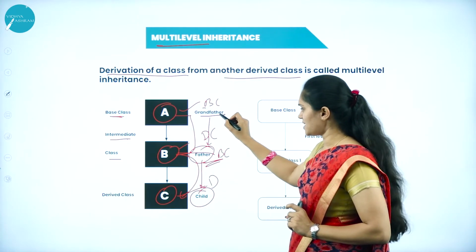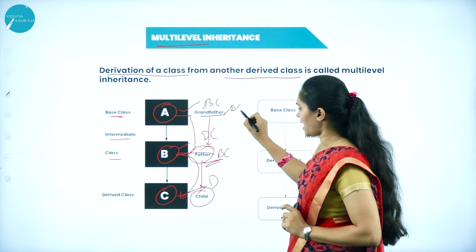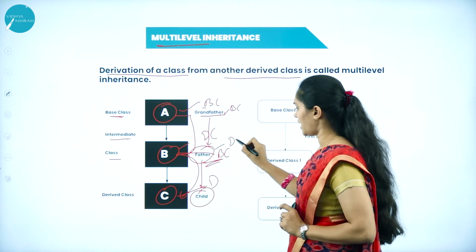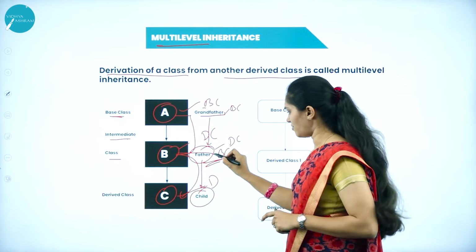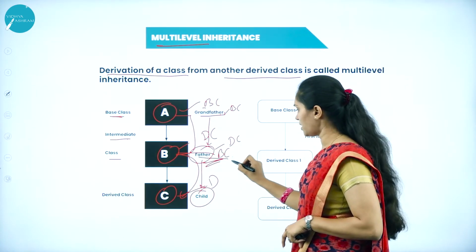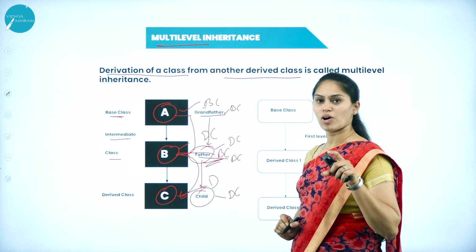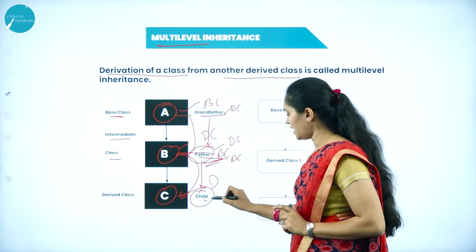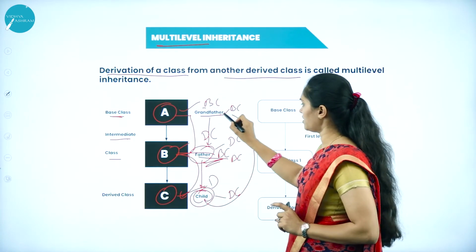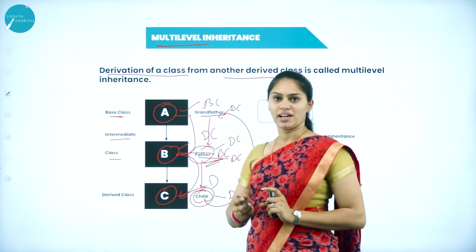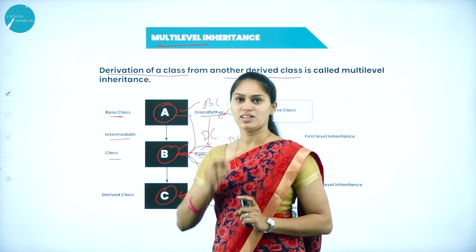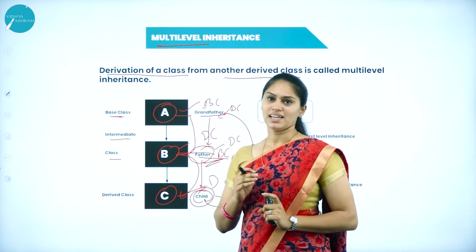In the first level, grandfather is the base class and father is the derived class. At the next level, father becomes the base class and child becomes the derived class. So indirectly, this derived class acquires the features of the grandfather. That is multi-level inheritance.